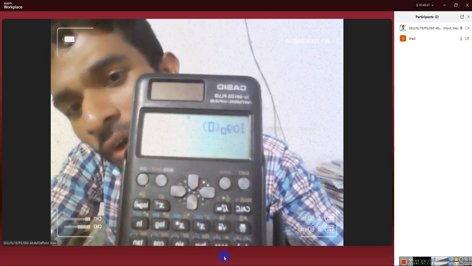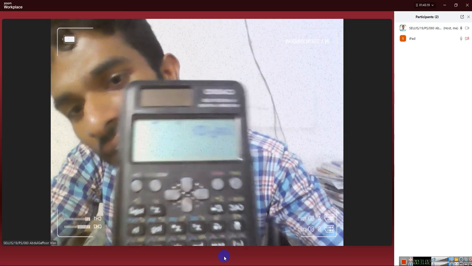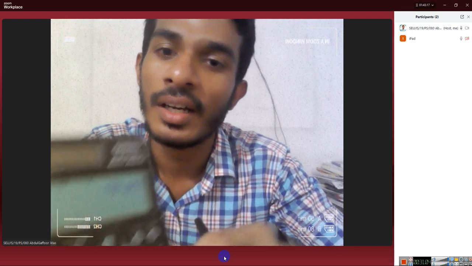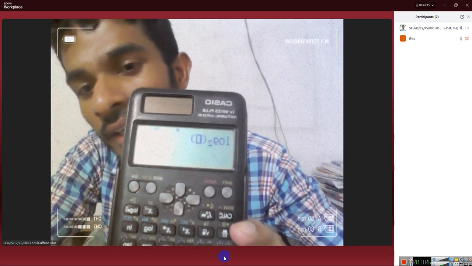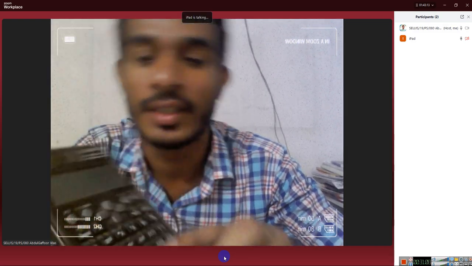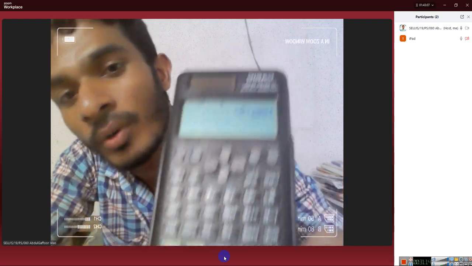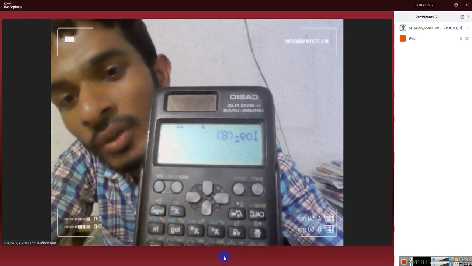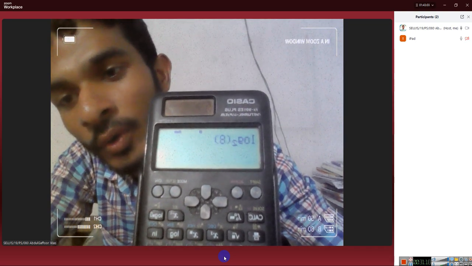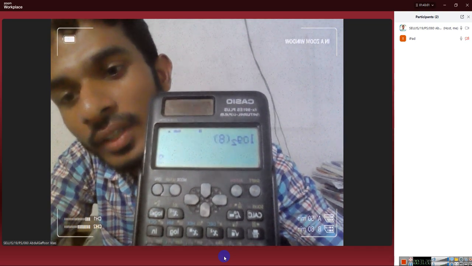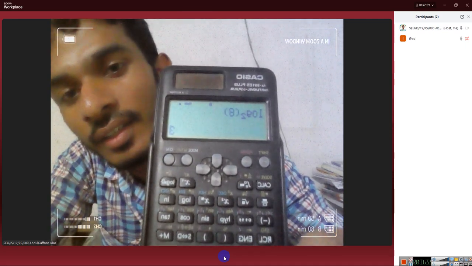So log 2, and then 8. Now I press the equal symbol, and you carefully look at the screen whether we get 3 or not. Did we get 3?